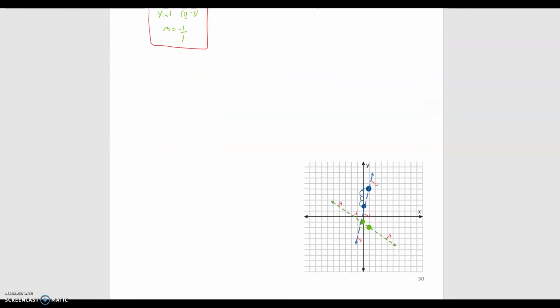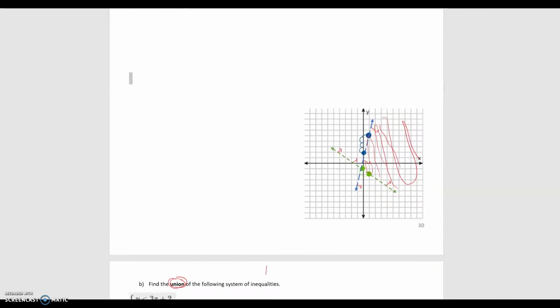So green line, every value above. The intersection is going to be the side that we shaded twice. So notice that as you're shading this portion, this region gets shaded once. And then as you're shading the blue one down, it gets shaded twice. So the intersection is this region on the plane.